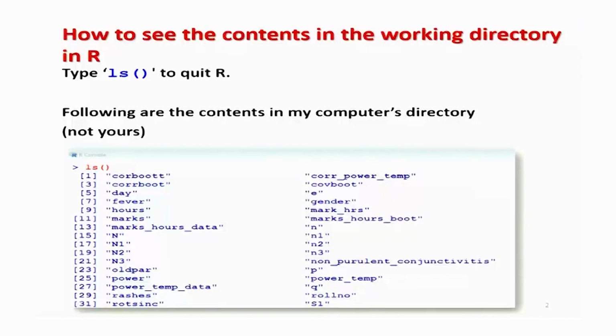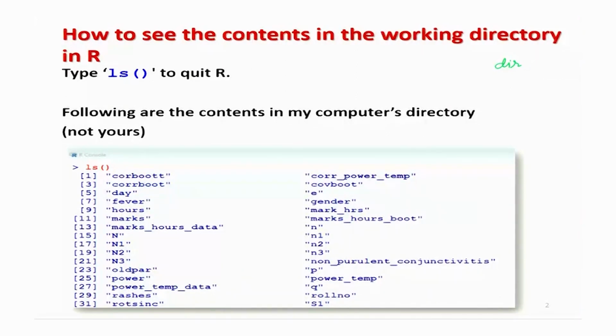One of the basic operations when you are working in the R software is to see what files are available in your working directory. For example, if you are working in MS-DOS, there is a command like dir which tells you about the contents of this directory.